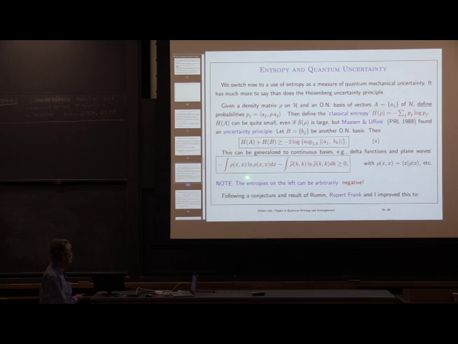So the entropies on the left can be arbitrarily negative. This thing, remember, does not have to be positive. That's one of the problems with the classical entropy you're introduced to in statistical mechanics, the so-called Boltzmann entropy, I say because I'm not sure that Boltzmann wanted to push it that far. But if you just take integral f log f with a minus sign, this can go to minus infinity.